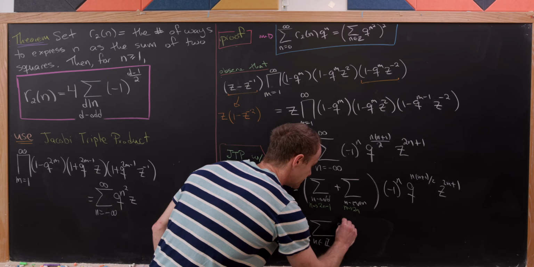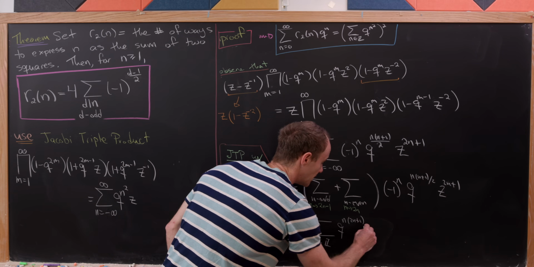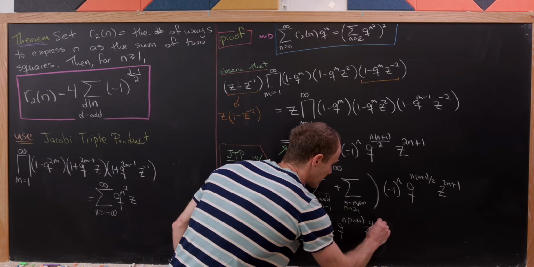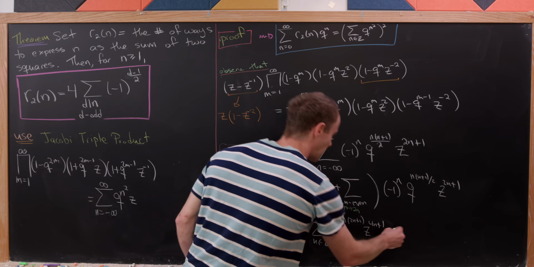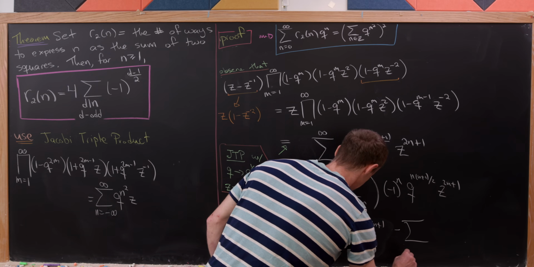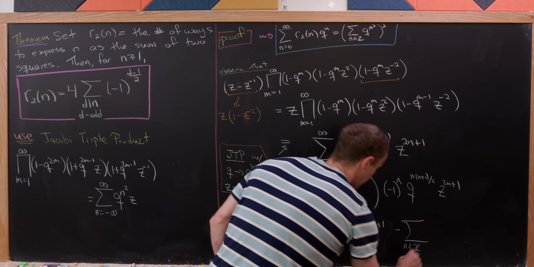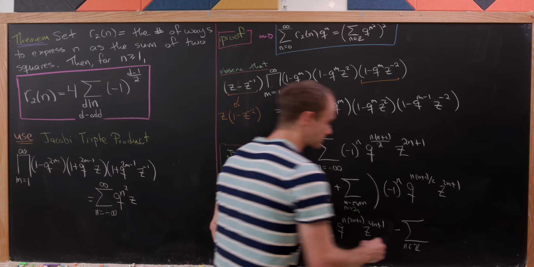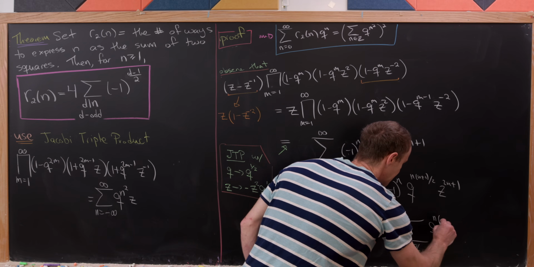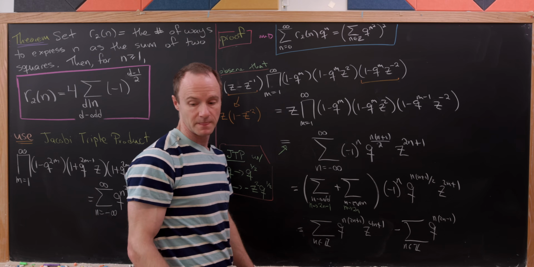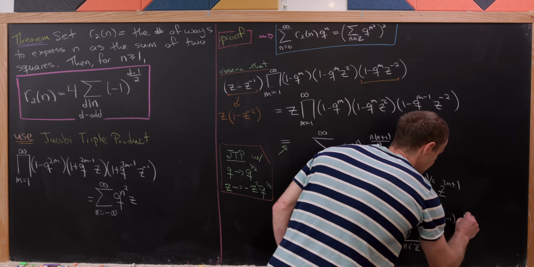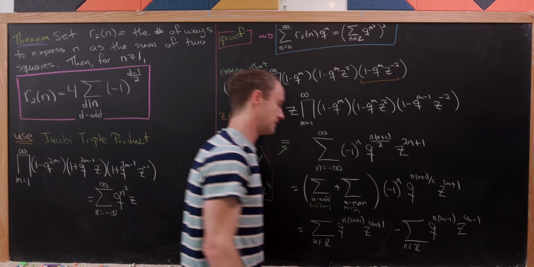So we'll have q^(n(2n+1)) z^(4n+1). So that would be this even part of the sum, and then minus the odd part of the sum. So that's going to be the sum as n goes over all integers of q^(n(2n-1)), we're replacing n with 2n minus 1, and then z^(4n-1).